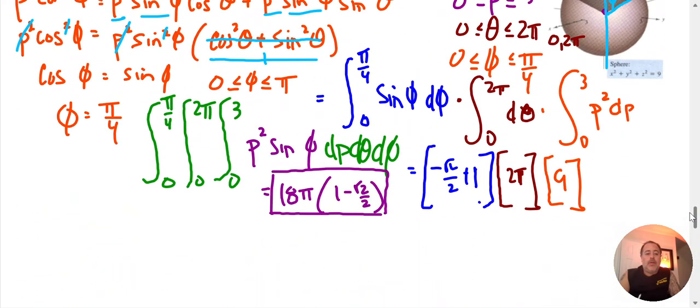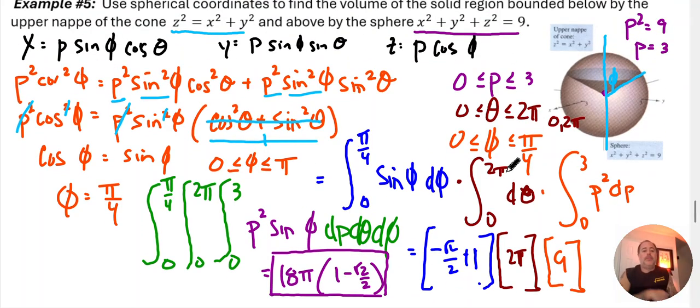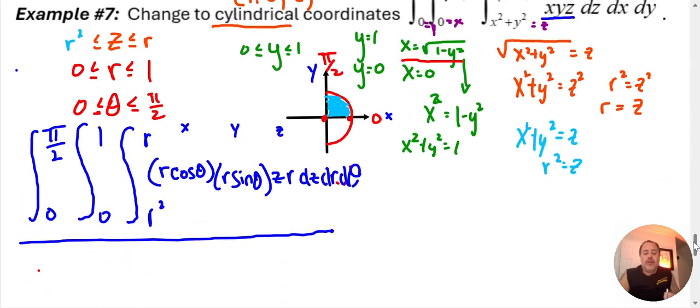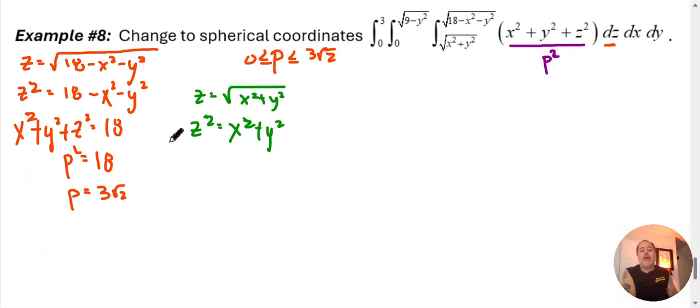We had the equation z squared equals x squared plus y squared, and through all that work, we found that phi is actually pi over 4. We're not doing that work again; it's there for you. So phi is equal to pi over 4, which tells us our bounds for phi are 0 to pi over 4.